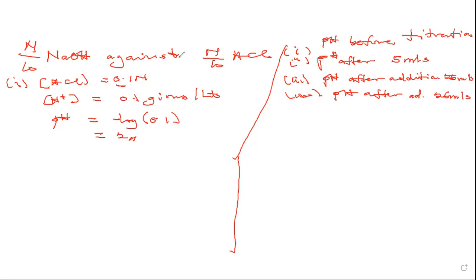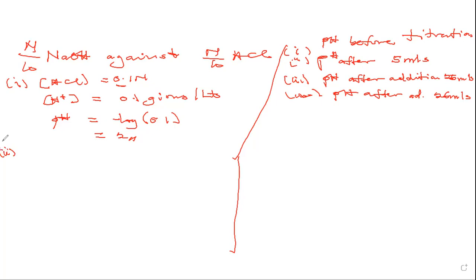Now, for addition of 5 mils of the base, we know that once you're adding your base to the acid, the pH is going to be changing, as well as the volume of the solution. Does that make sense? Your pH will be changing, and the volume of the solution in the conical flask too will be changing. That is what you're supposed to take note of.